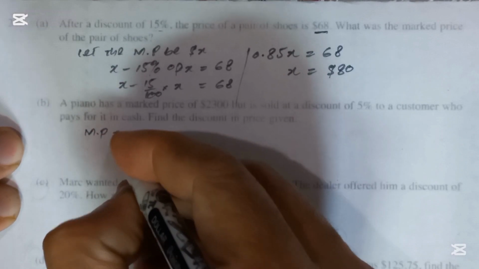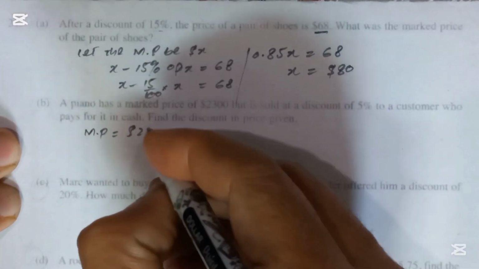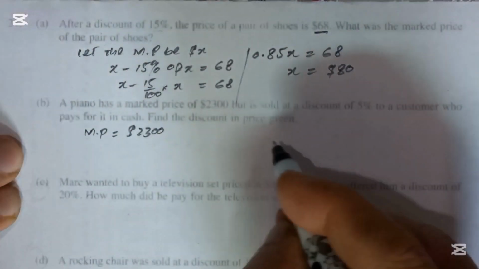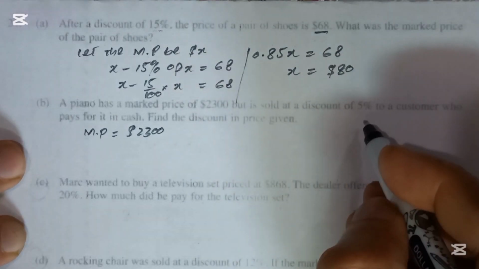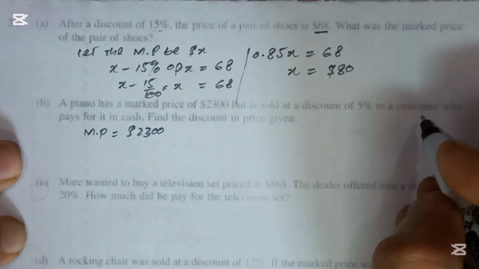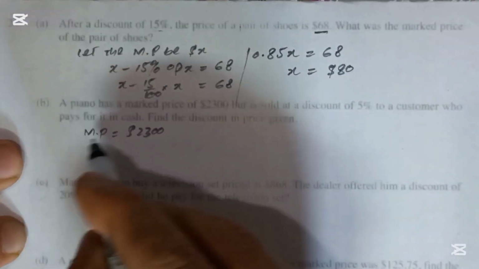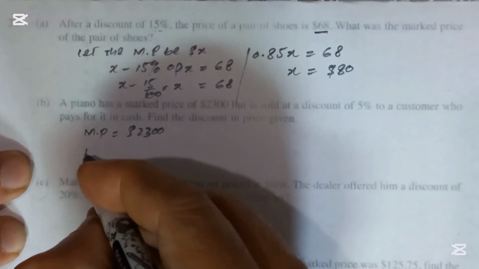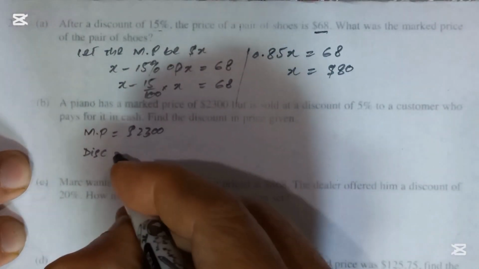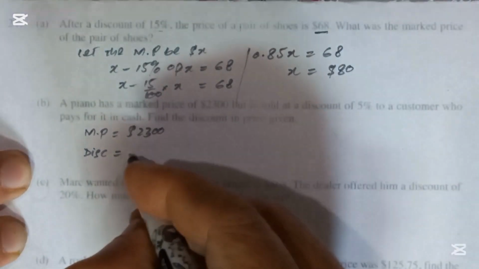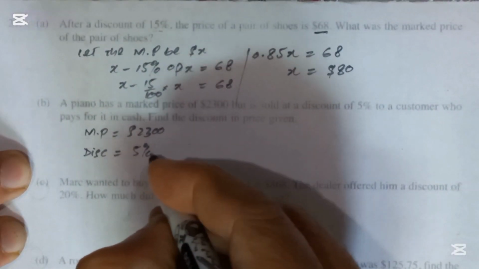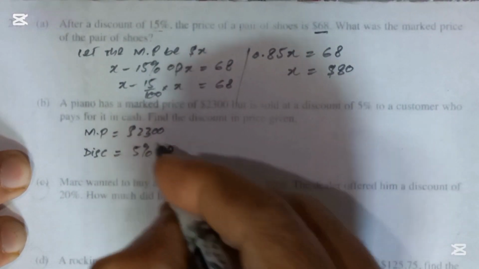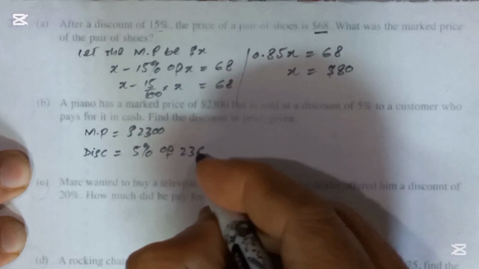The B part is, a piano has a marked price of $2,300. But it is sold at a discount of 5% to the customer who pays for it in cash. Find the discount in the price. So the only requirement is the discount. That is 5% of the mark price, that is 2,300.